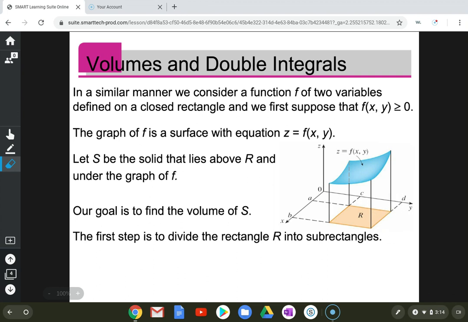So the first thing we're going to do is divide R into a bunch of little rectangles like this, and then extend these rectangles up onto our surface, pick a point to find a height, and then find the volume of this rectangular prism, which is really just the area of this base times the height.